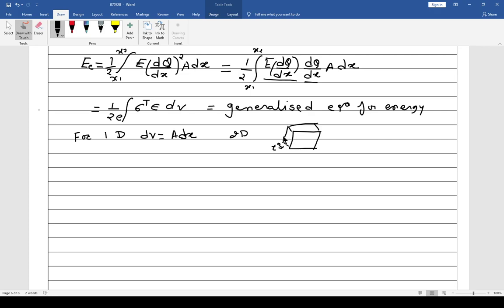That means you are going to assume either a plane stress problem or a plane strain problem. So this thickness is always going to remain the same, and in case of a 2D problem, dV will change to T dx dy.